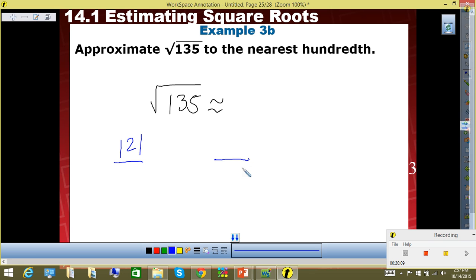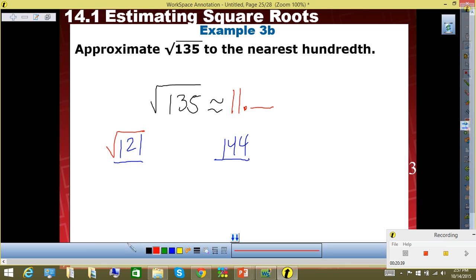Aaron. That was before this. What is it? 144. Hands if you got that. All right. So therefore, what number will go here? Joseph. 11, okay. Point something, is that correct? Because this is the square root of that.